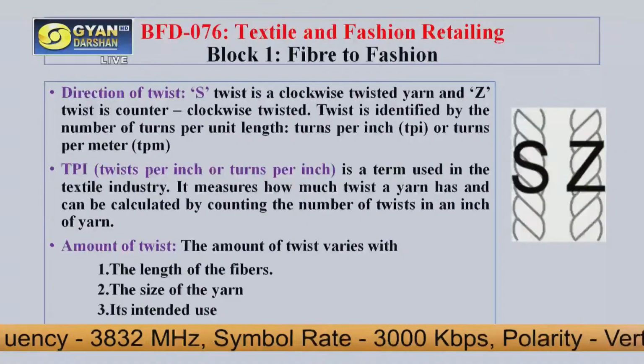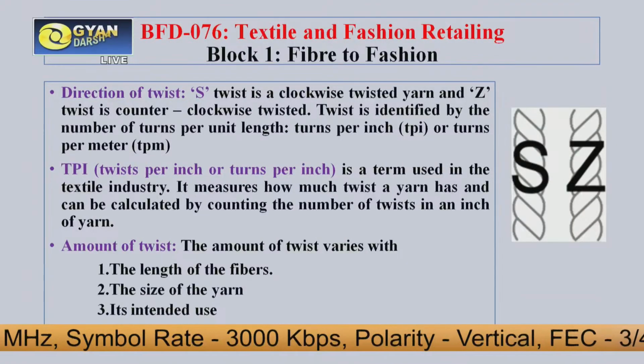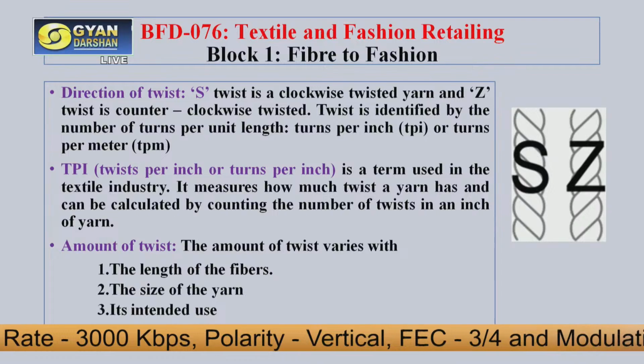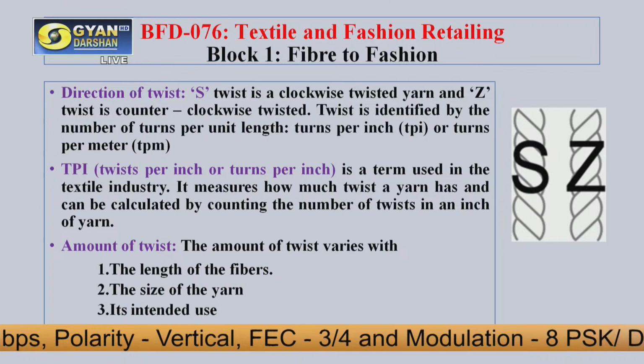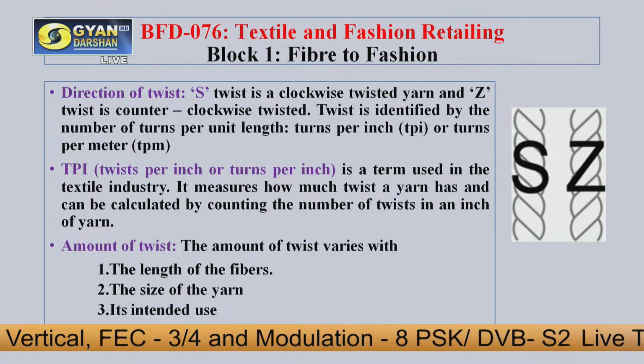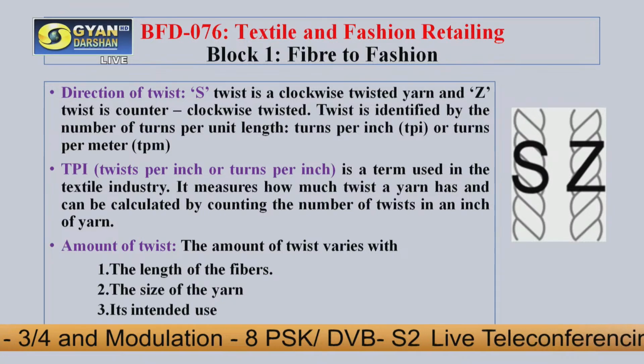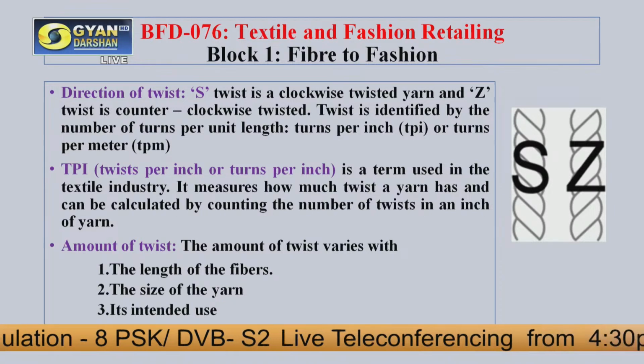Then the direction of the twist. As we discussed, there are 2 directions in which the twist can be done. First is the S twist, which is a clockwise twisted yarn, and Z twist is the counterclockwise twisted.